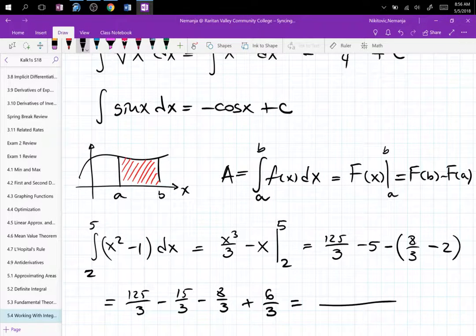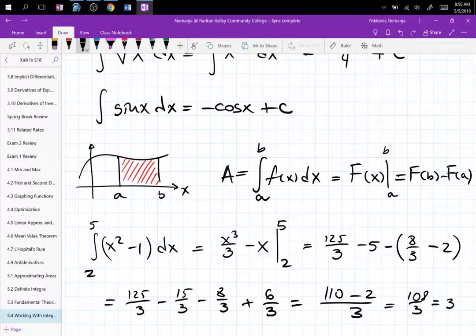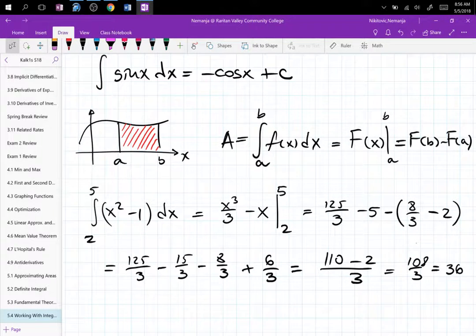I just want them all over 3 so we can deal with that. 125 minus 15 is 110, and then minus another 2, so that's 108. So 108 over 3, now 1 plus 8 is 9, so that's divisible. It goes 36 times. So the answer is 36 for this problem. The area under the curve would be 36.